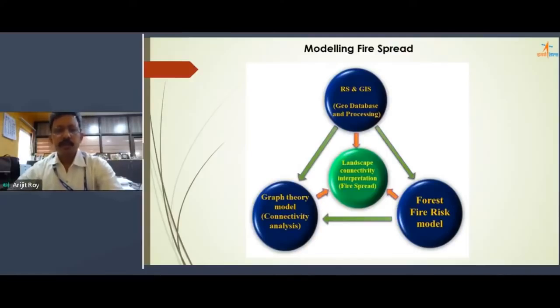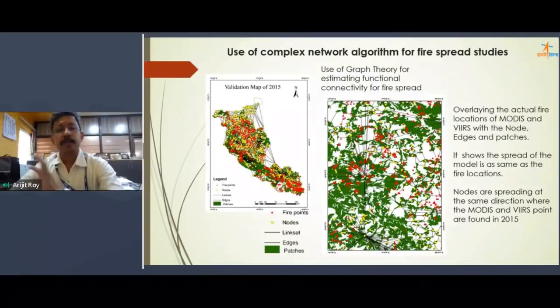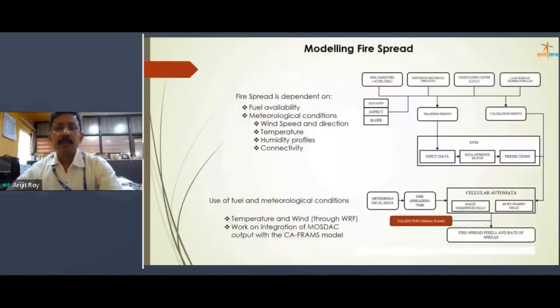So using graph theory, the connectivity among the forest patches has been prepared. Once this connectivity is prepared, then using WRF, the wind conditions, temperature conditions, and humidity profiles are predicted for the next 72 hours.